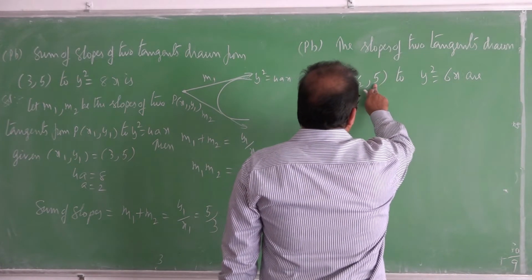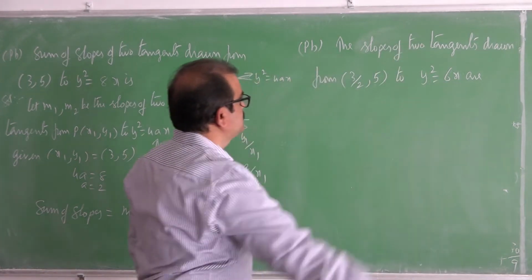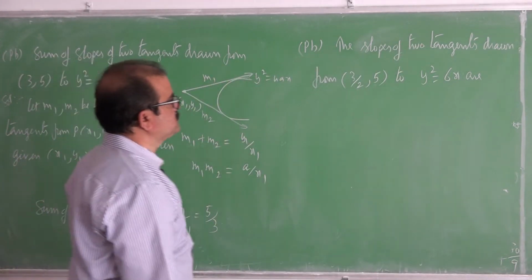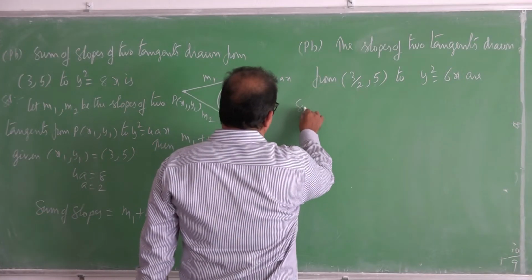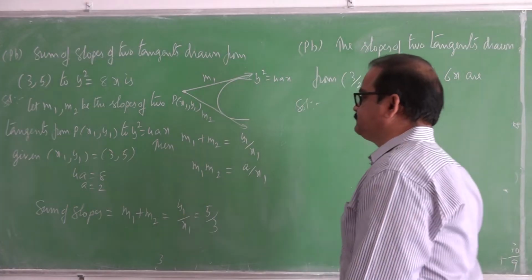From this point two tangents are drawn to the parabola. Find the slopes of those two tangents. We apply this same formula.